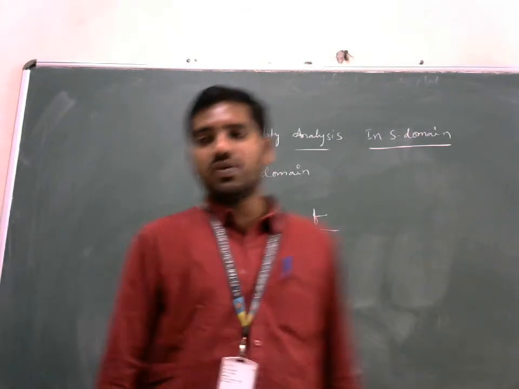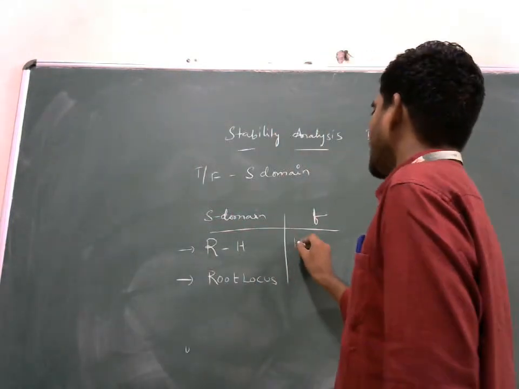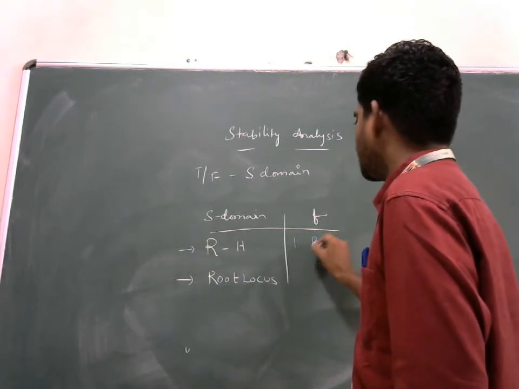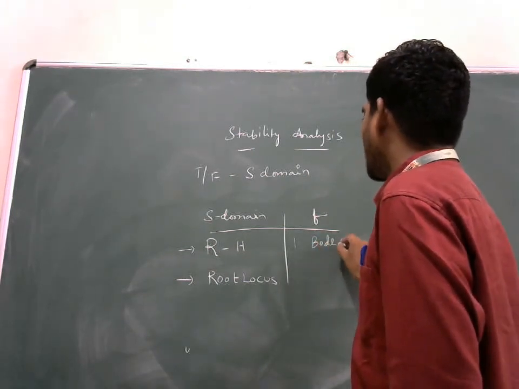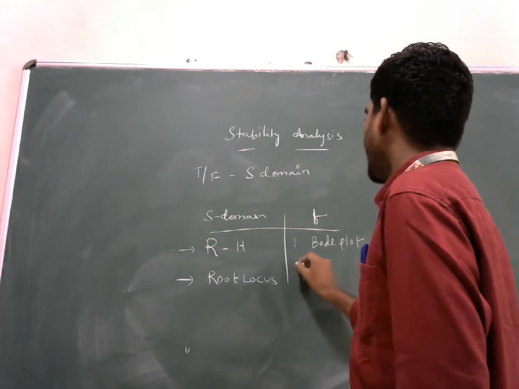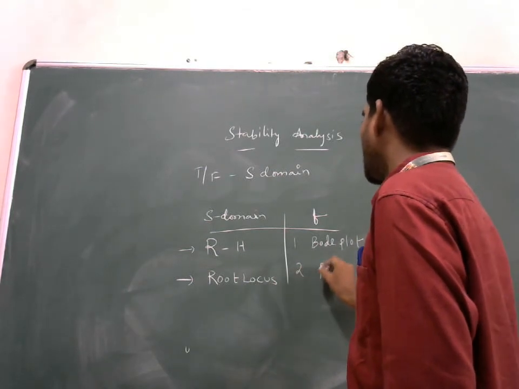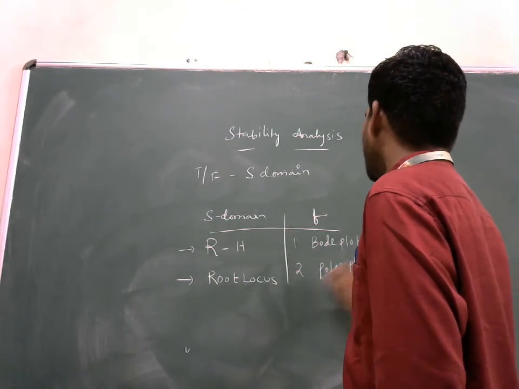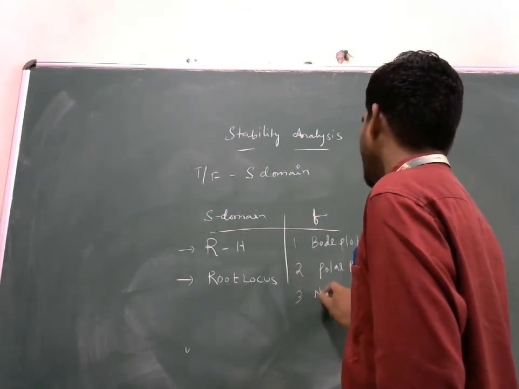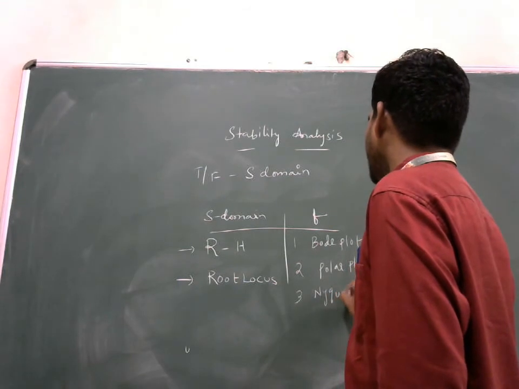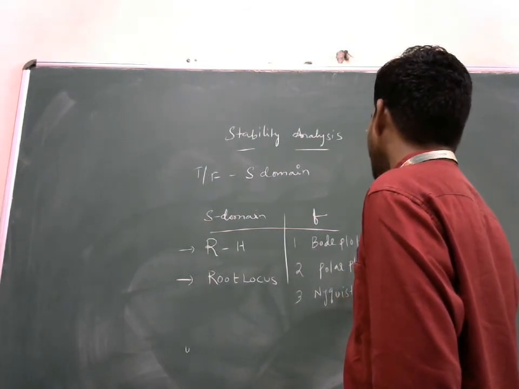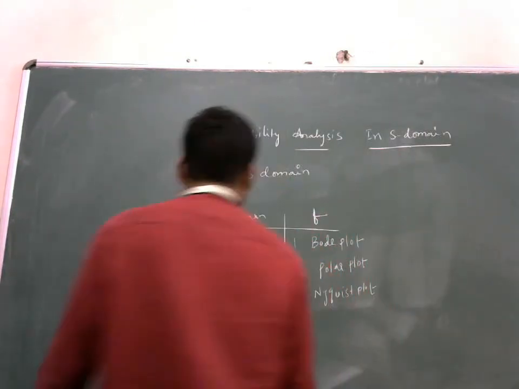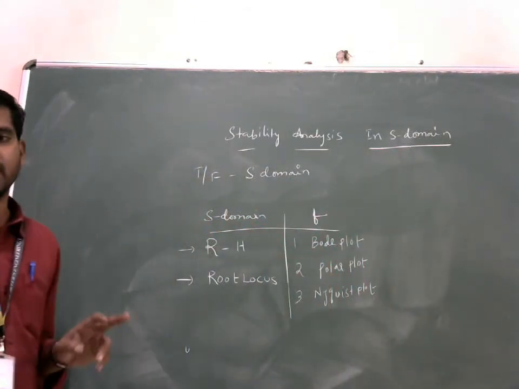Coming to the frequency domain, the first one is the Bode plot, the next one is the polar plot, and the next one is the Nyquist plot. These are mainly what we are going to discuss in stability analysis.